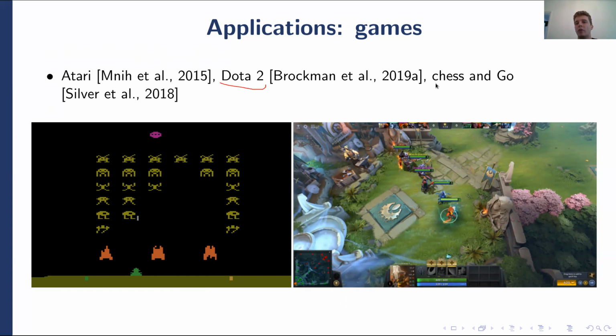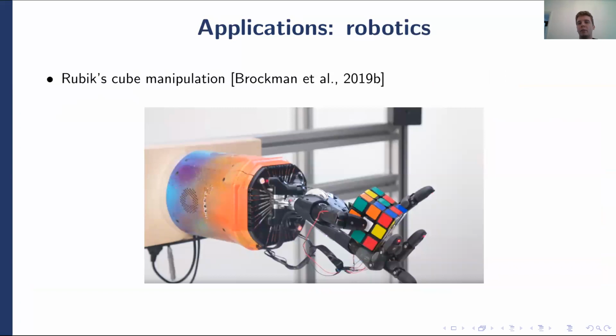Reinforcement learning has also inspired ideas behind systems that are currently the best that we have to play chess and Go. Reinforcement learning also has many applications in robotics. One flashy example is this robot that learns to manipulate Rubik's cubes.